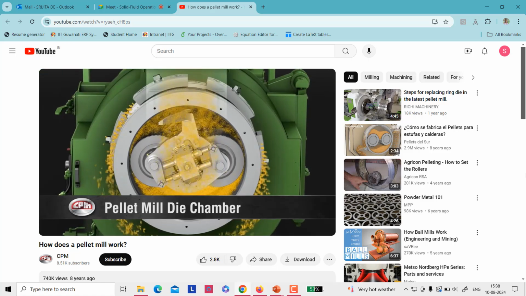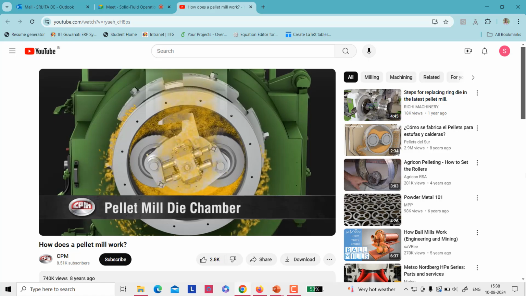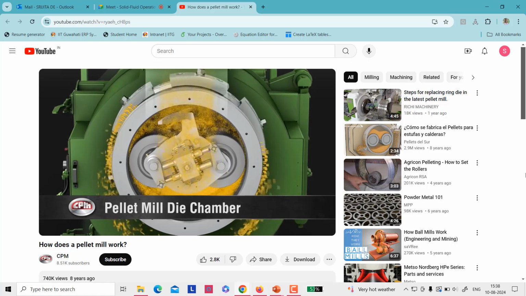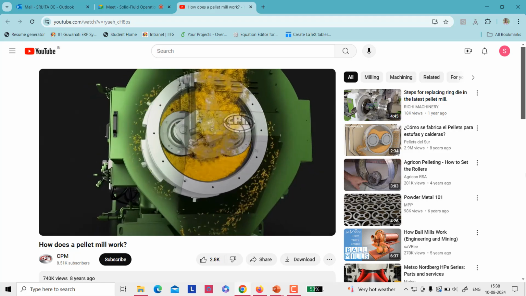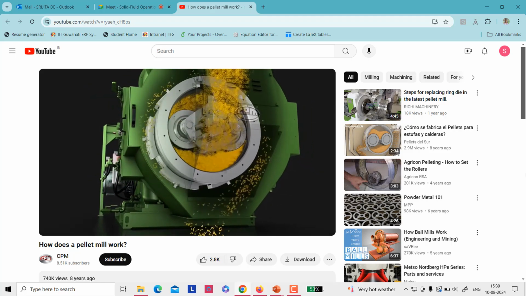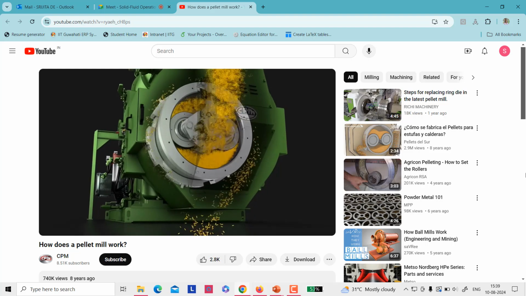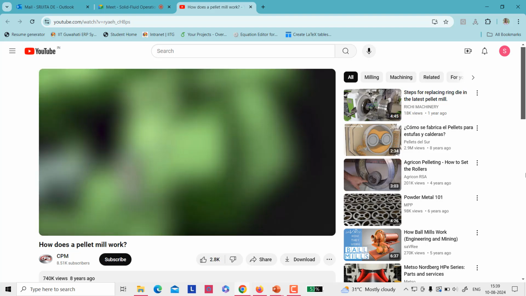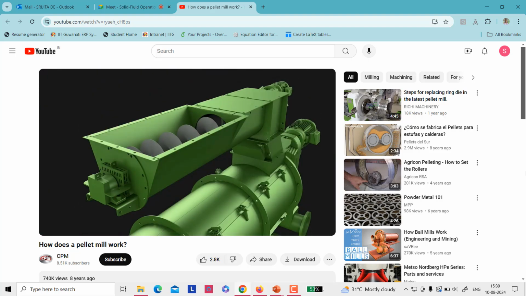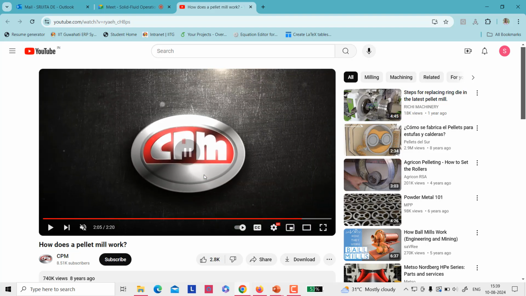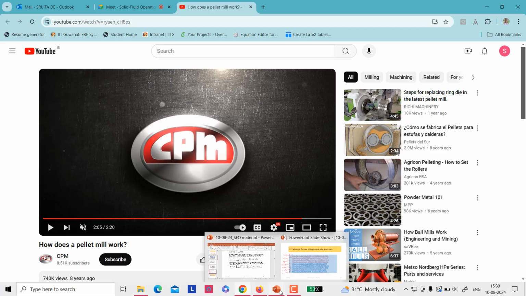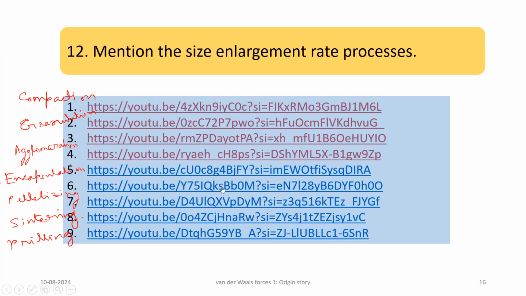Finally the pellets are formed. This is the pelletization process.